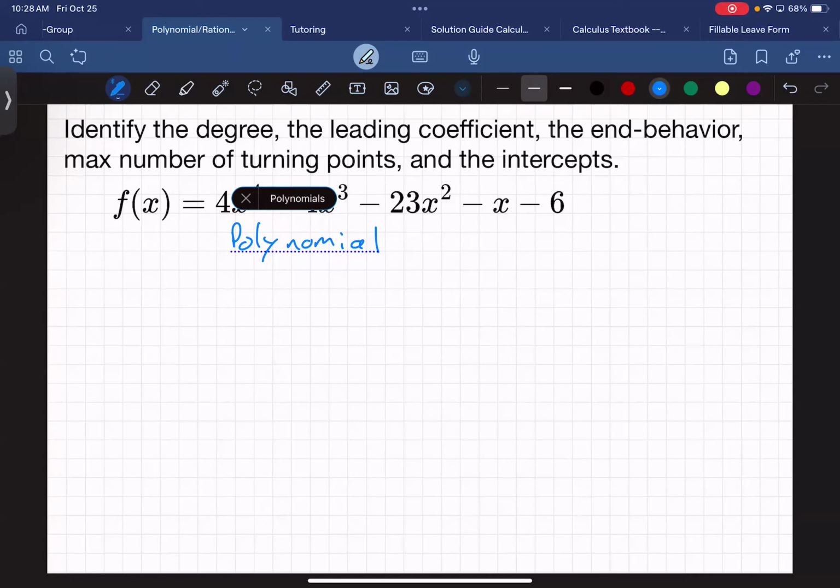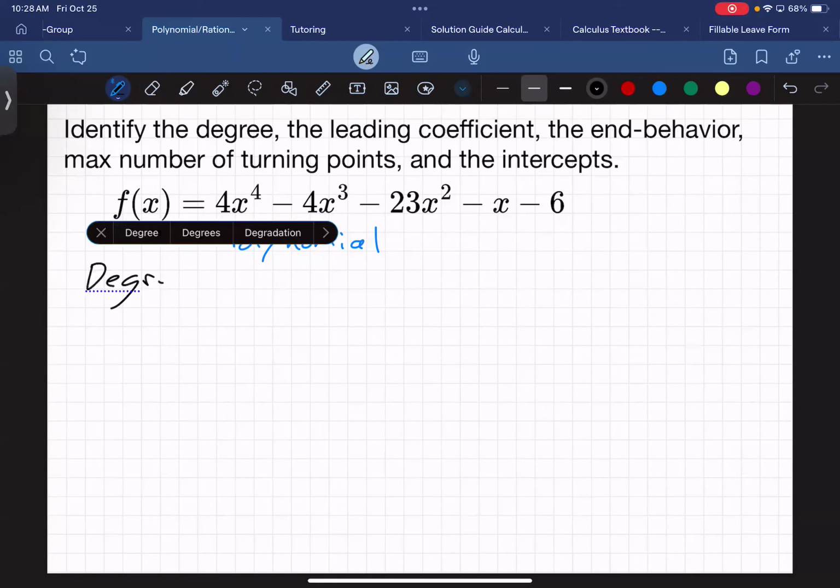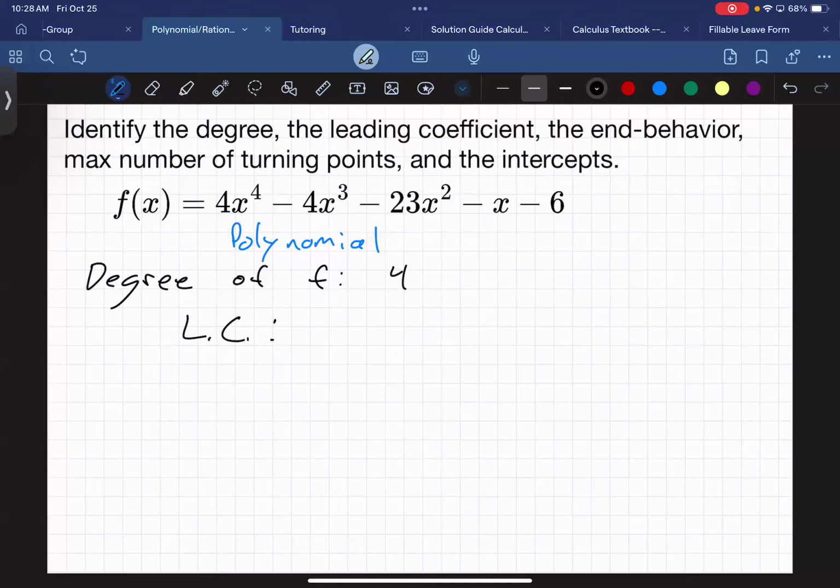So what's the degree of this polynomial function? Does everyone agree with that? All right, what's the leading coefficient then? 4. They're both the same? Is that okay that they're the same? It just happened to be the coefficient's 4 and the exponent is 4, right?